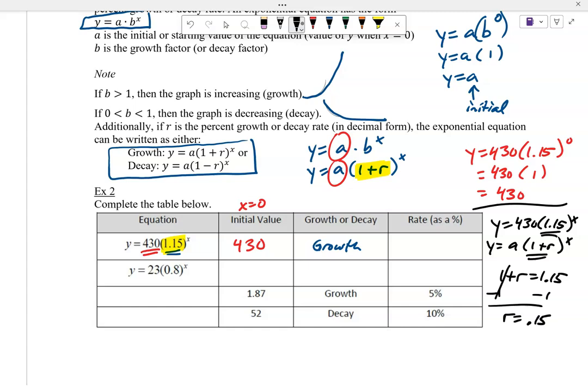But I want that as a percent. So 15 hundredths, of course, is 15%, right? 15%. So that's how fast that one's growing, at a clip of 15%.